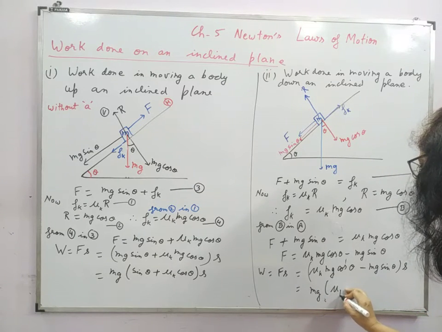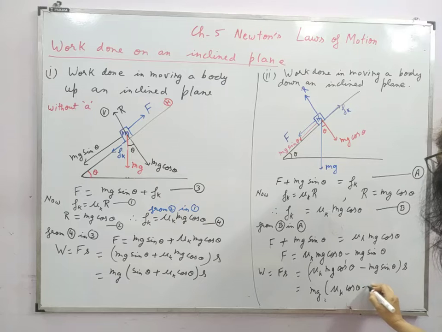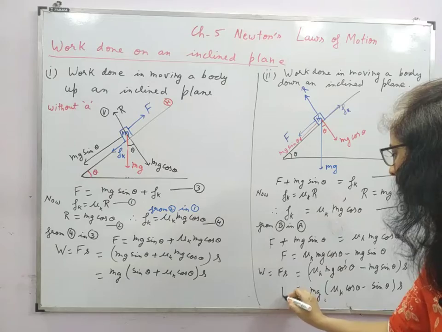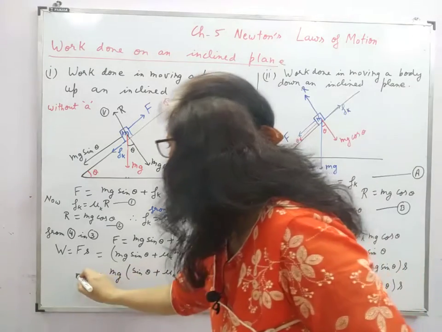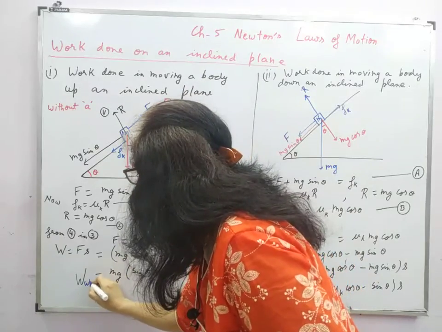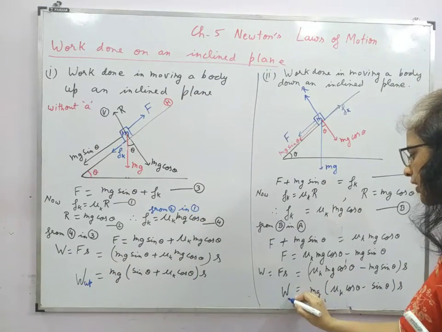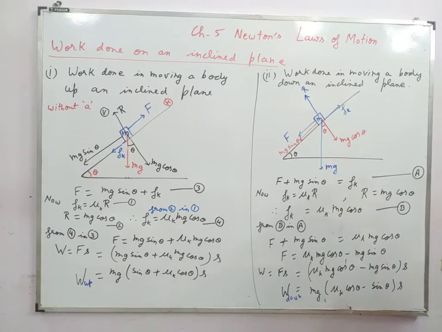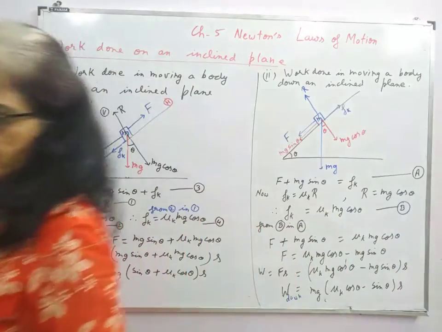So this will be mg into mu k cos theta minus sin theta, into displacement. So this is about the work done in moving a body up, and this is in moving the body down an inclined plane, right?